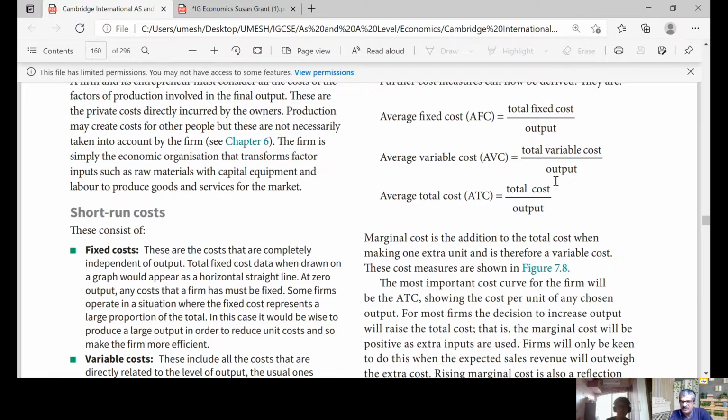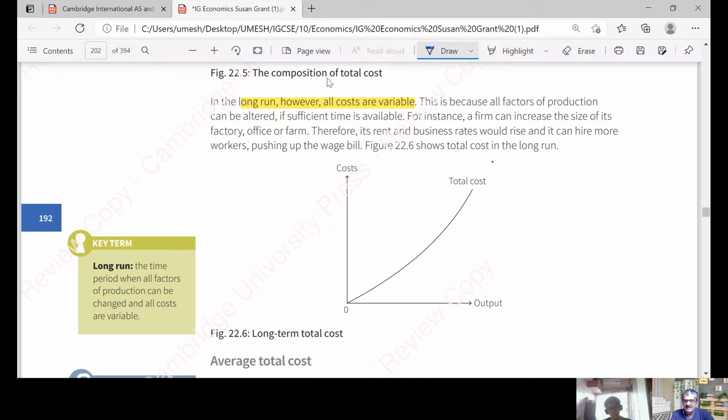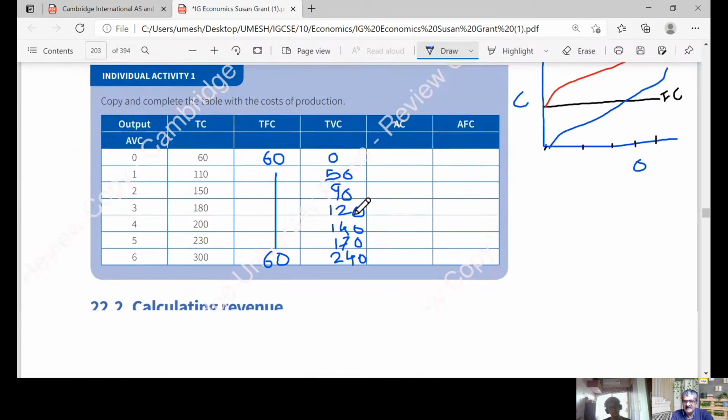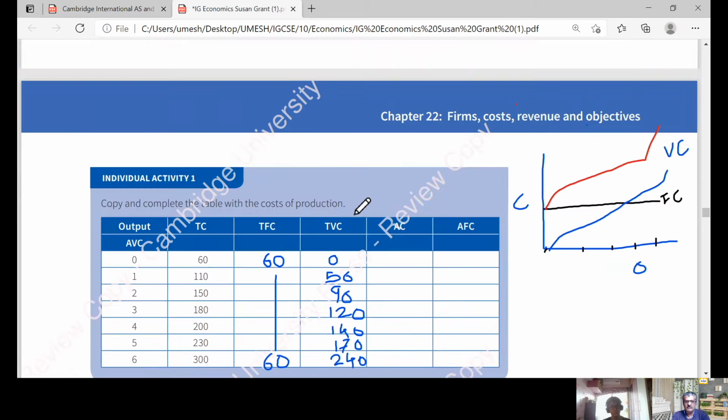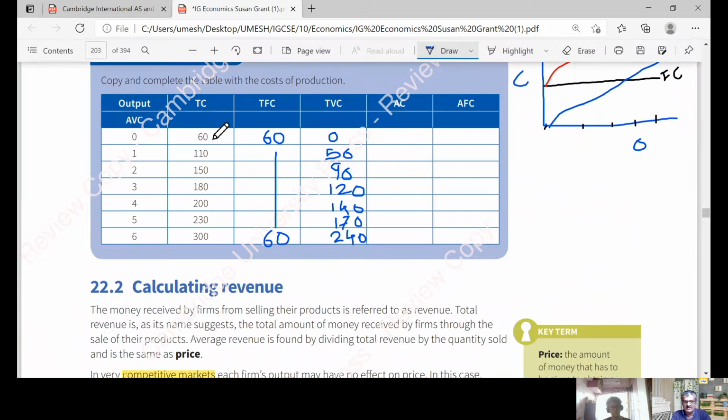Average total cost is the total cost divided by output. So it says total average cost is equal to total cost divided by output. So it's 0. No, this is infinity. Anything divided by 0 is infinite.